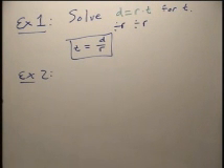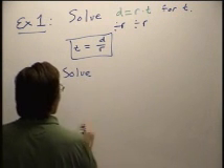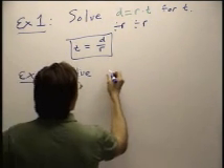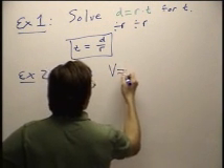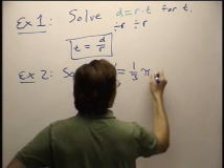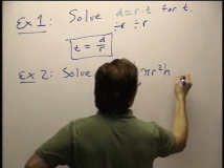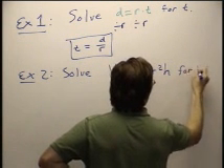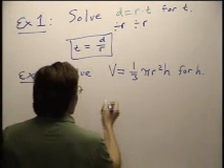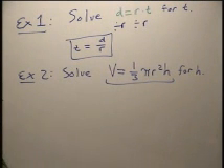A second example. We want to solve this formula. V equals 1/3 pi r squared h.